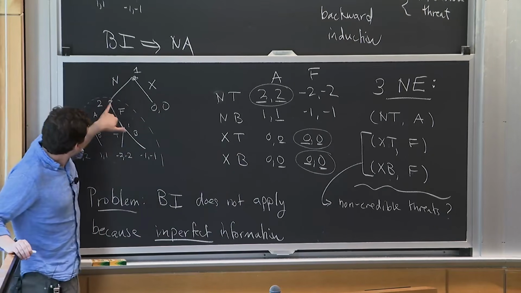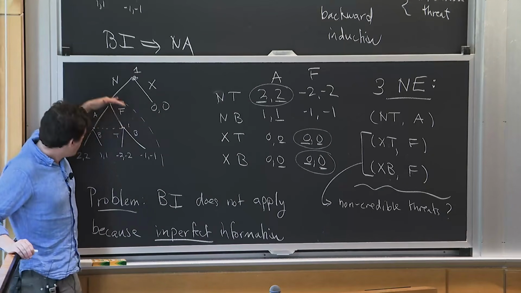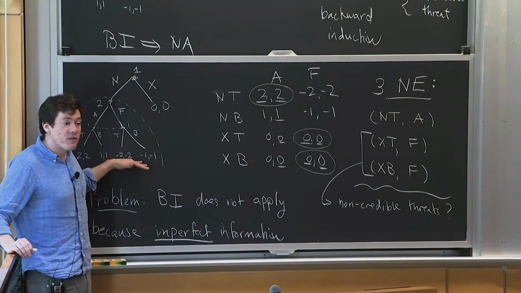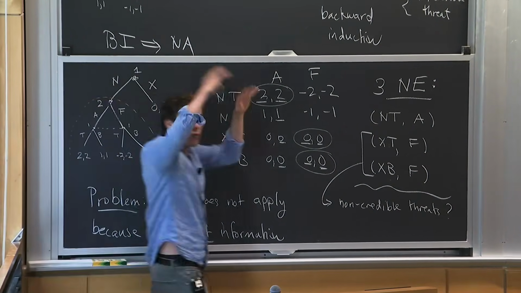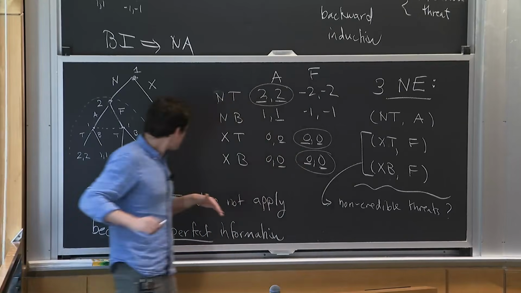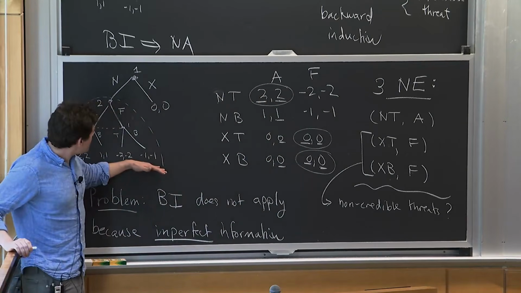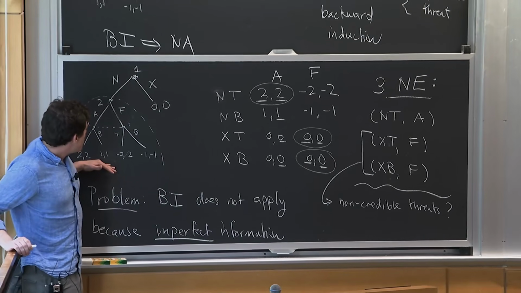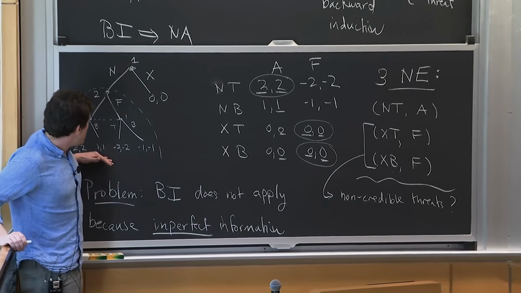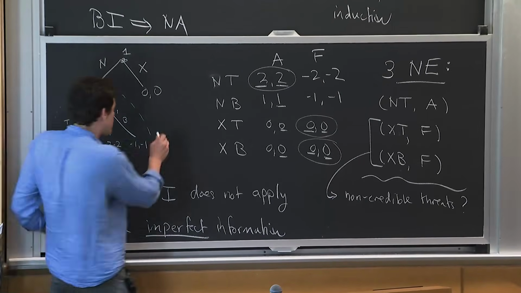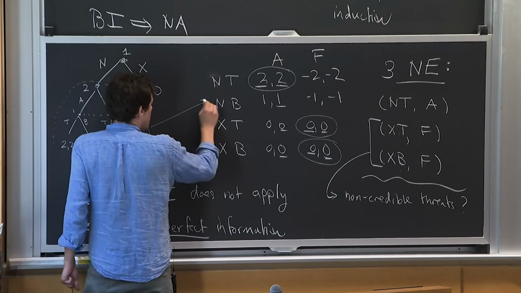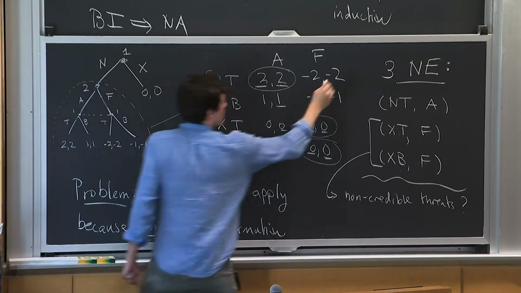And notice that once we get to this node, we can think of the rest of this as a game in itself, as kind of a smaller subgame within the larger game. And if we think of this as a smaller subgame, the payoffs in this smaller subgame are actually going to look basically like these.